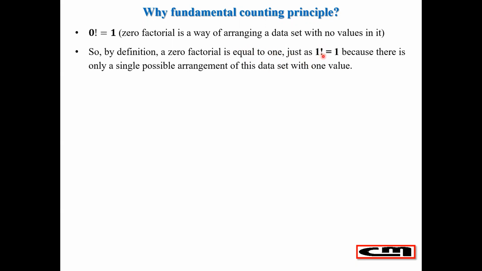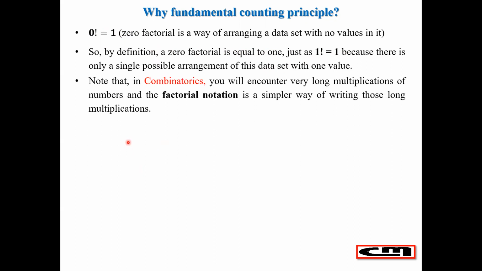This is why 1 factorial is equal to 1. 0 factorial is equal to 1, meaning 0 factorial is equal to 1 factorial is equal to 1. Note that in combinatorics, you will encounter very long multiplications of numbers, and the factorial notation is a simpler way of writing those long multiplications.